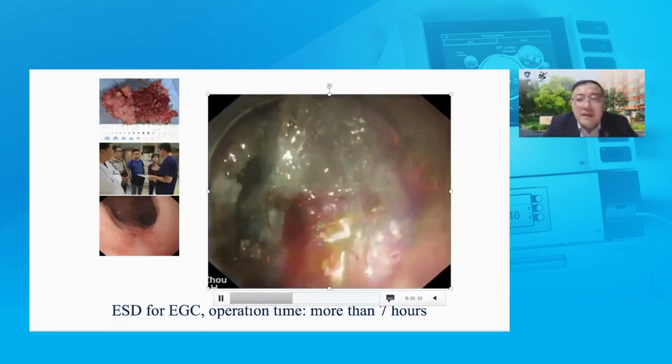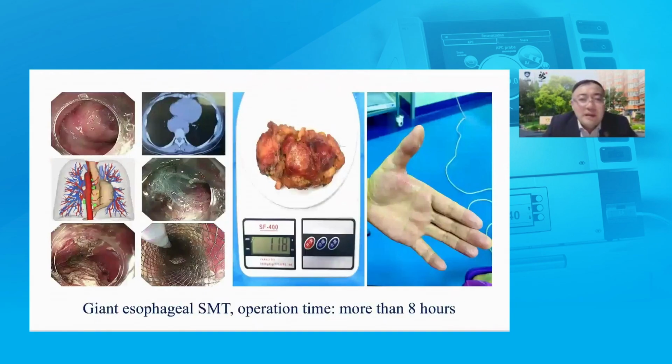This is another lesion in the esophagus. The esophageal lumen was full of the lesion. Within 1 hour, the lesion was successfully dissected, but it was very, very difficult to remove such a lesion from the patient's mouth. So I spent 7 hours cutting the tumor into 4 pieces so that the lesion was successfully removed from the patient's mouth.